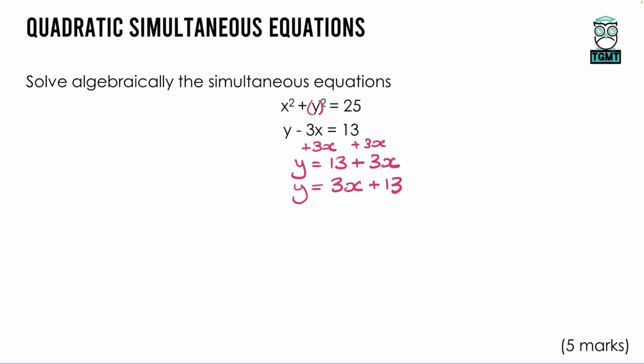If I do that and do nothing else, just writing it in place of the y, I'd have x squared plus, now the 3x plus 13 is our new expression for y, so I'm going to put that in a bracket because it is being squared. So that would be 3x plus 13, close brackets, squared, is equal to 25. I now have an equation that only has x in.